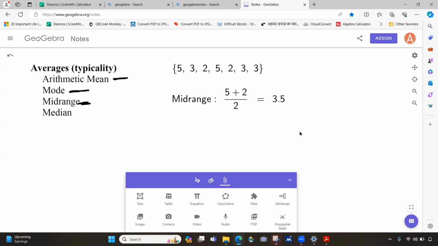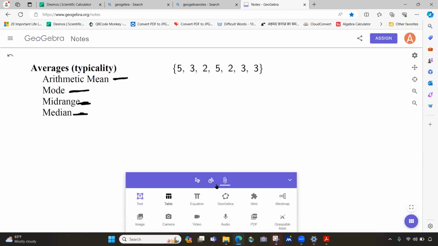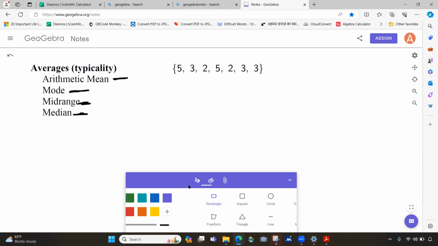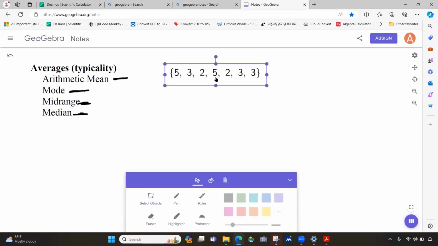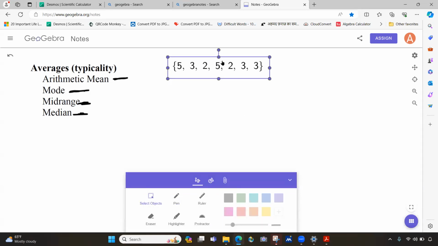Okay? What's the median? Let's talk about the median. This is how we find the median. And median is a very important concept. It's used often. The median: you need to rank or order the data, starting with the lowest first.